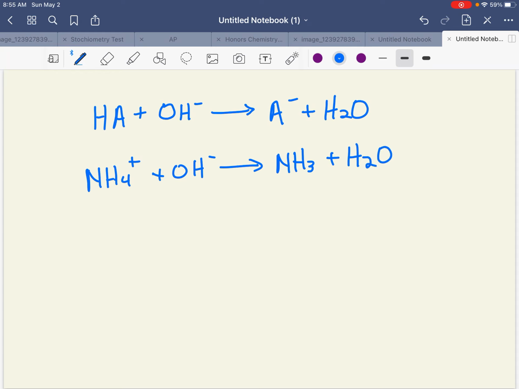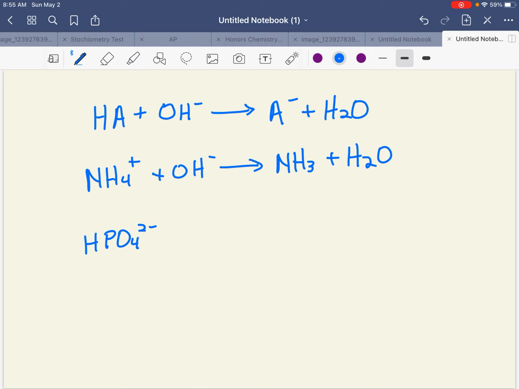Okay, what if I have a weak acid that looks like this? Hydrogen phosphate. You've probably heard me use the term amphoteric. It means that in some sense it can act as an acid, in some sense it can act as a base. Hydrogen phosphate is the conjugate base of dihydrogen phosphate, which is the conjugate base of phosphoric acid, H3PO4.